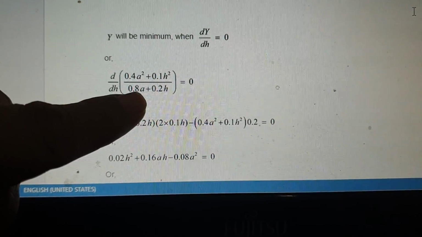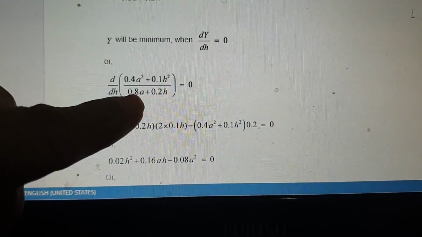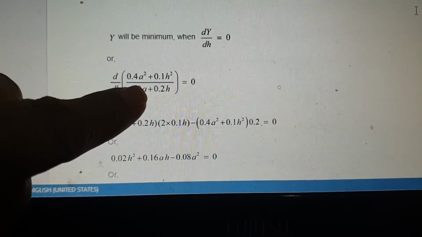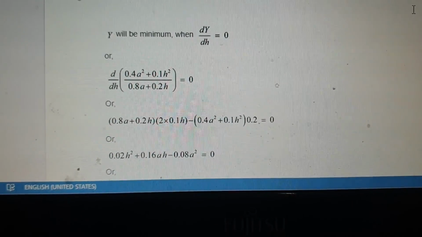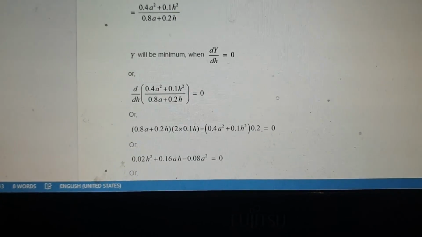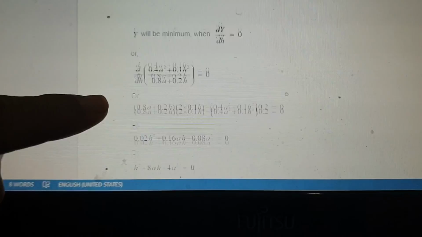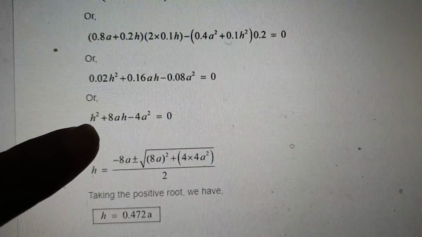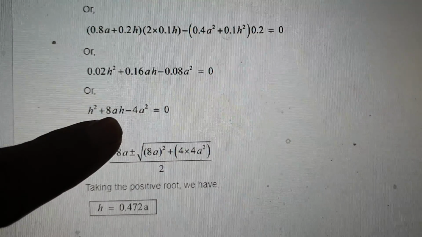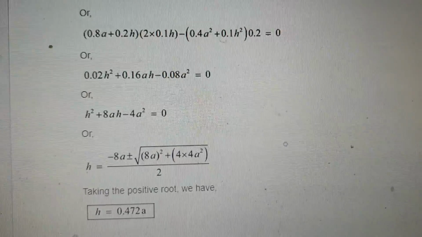The derivative of the bottom is 0.2 only, and the whole thing is equal to 0. For this, you'll find the answer like that, and you rearrange, you'll end up with an equation like this: h squared plus 8ah minus 4a squared equal to 0.